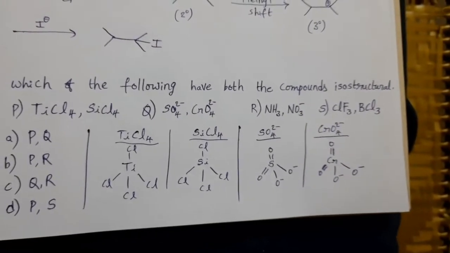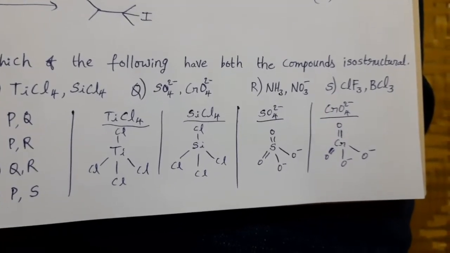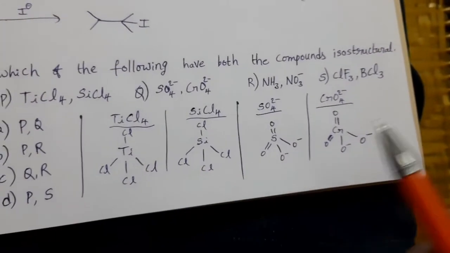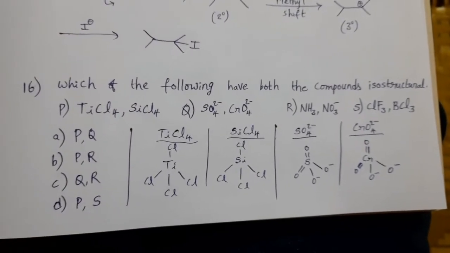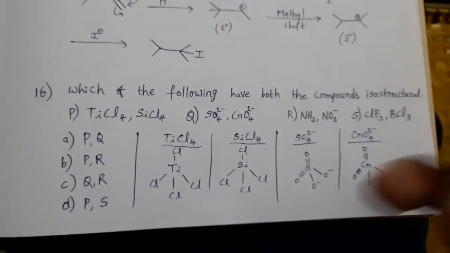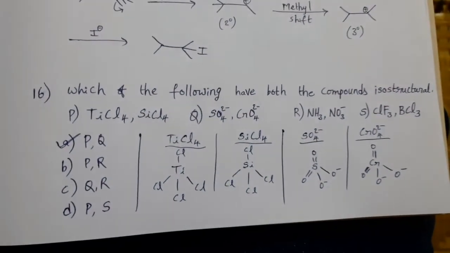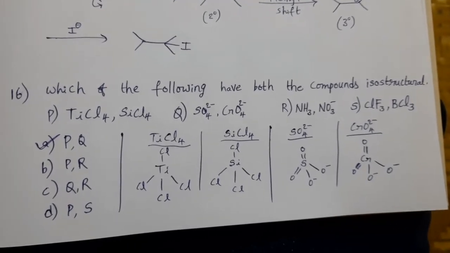So among TiCl4, SiCl4, SO4 2 minus and CrO4 2 minus, these 2 ions have similar structure, tetrahedral. Then what is the option? Option A, P and Q having similar structure. So P and Q are isostructural compounds and ions.